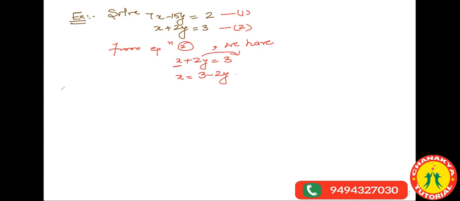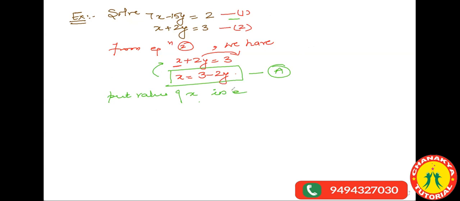Yes, ma'am. Okay. So let this equation be A. Now from which equation have we found the value? From equation 2. Now you will put this value of x in equation 1.